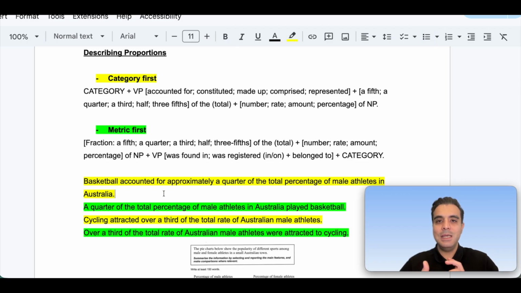And by mixing and matching these structures and using different noun forms, like different verbs, different category nouns, etc., you can create a lot of variety so that when the examiner reads your paragraph, they'll notice that you're using a variety of grammatical structures.